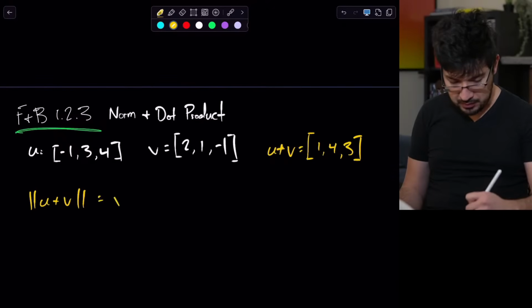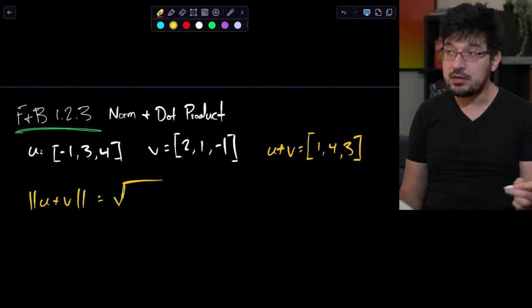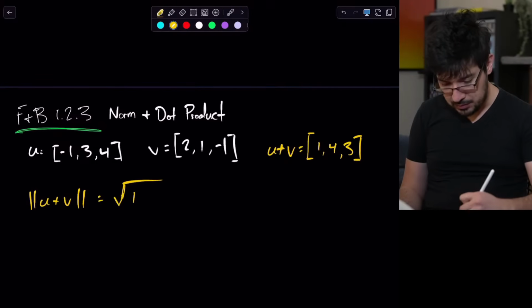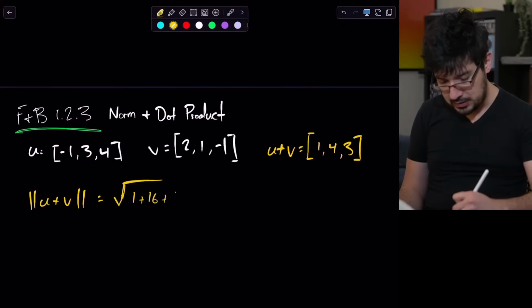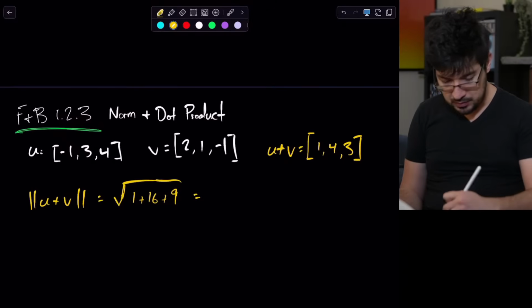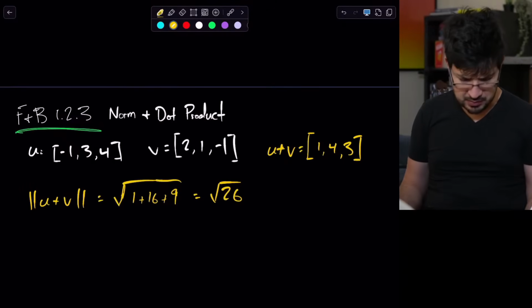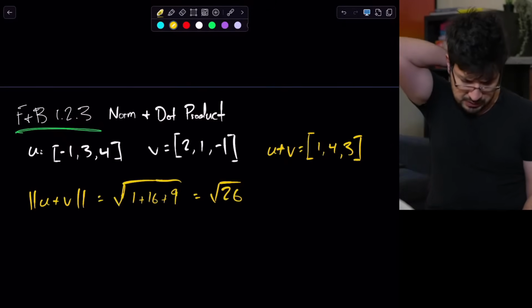And then the norm is the square root of the sum of squares of a vector. So this is 1 plus 16 plus 9, which is square root of 26. I feel like we just got square root of 26 recently.